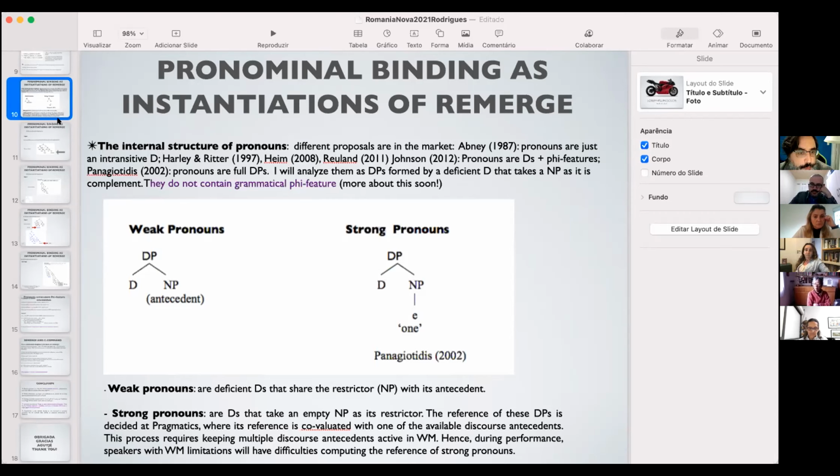But you don't need to copy the full one. Exactly. In this specific case, since you're copying only the predicate, let's say the N, then you should be just fine.